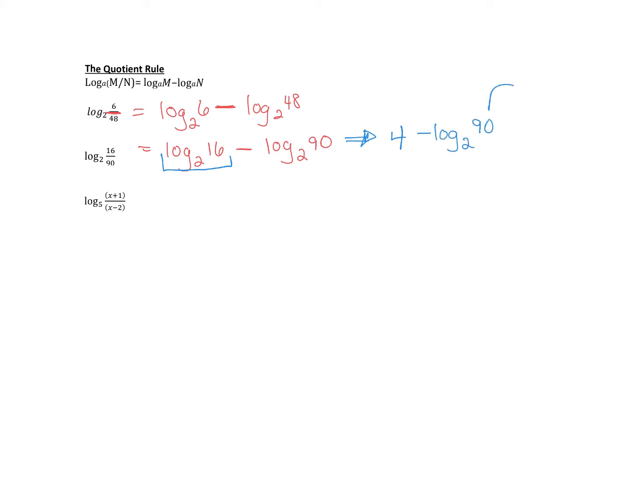And we may also be able to separate this further, but just for the process of refreshing our memory, we're going to stop there. This works for variables only, or also, we can make this log base 5 of x plus 1 minus log base 5 of x minus 2.